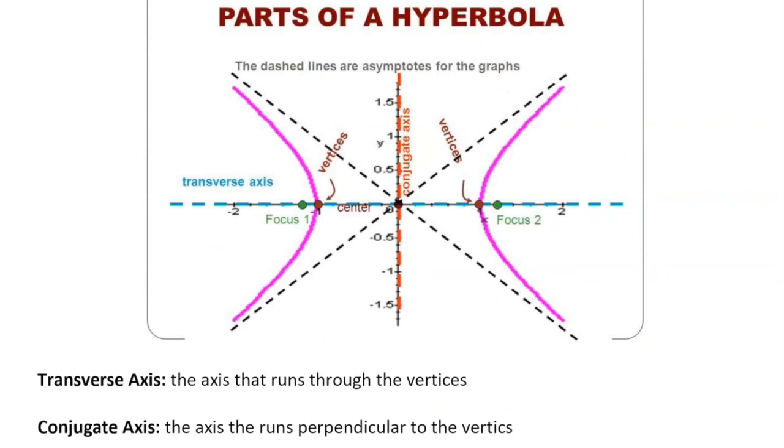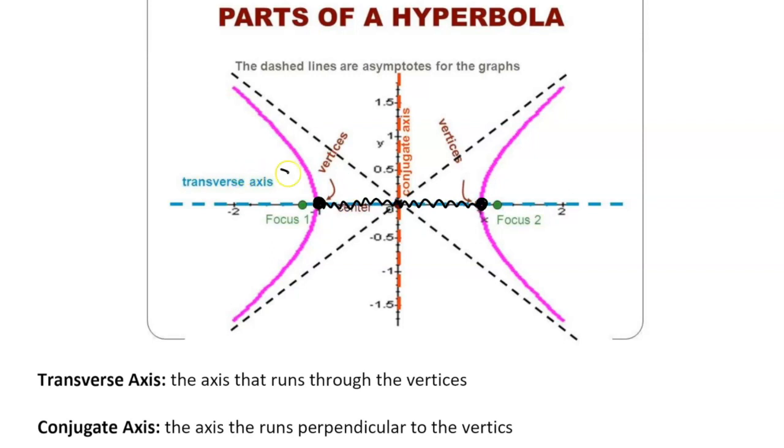So a couple terms we just want to run you by before we get really into this. Regardless of which type of hyperbola you have, the two parts right here, those would be your vertices. And so you're going to have two vertices for every hyperbola, and the axis that goes from vertex to vertex is called the transverse axis.